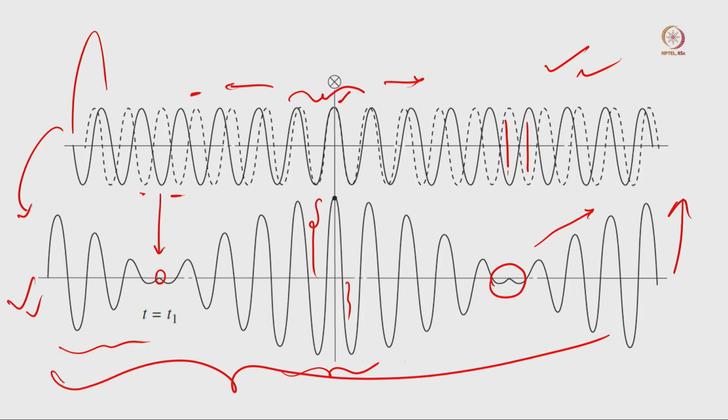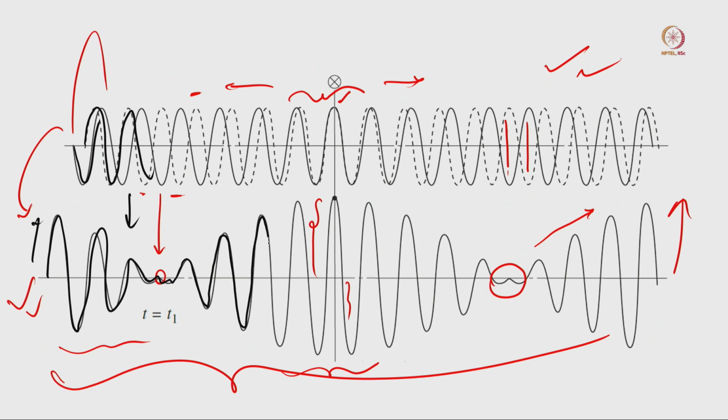If I just go here, you can see there are 2 very simple sine waves, but the resultant wave of these is a complicated wave. At some points the amplitude increases drastically and at some points it is near 0, then again it increases to the maximum, and then goes towards 0.